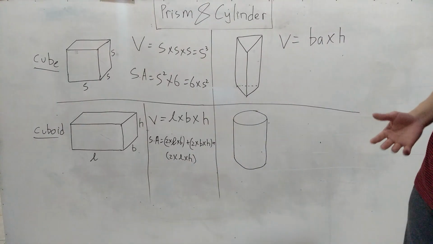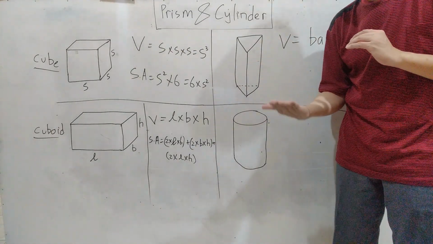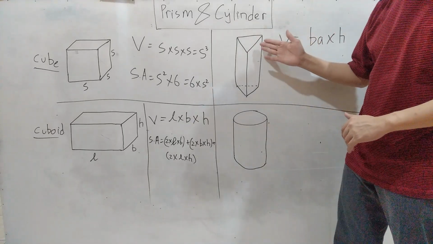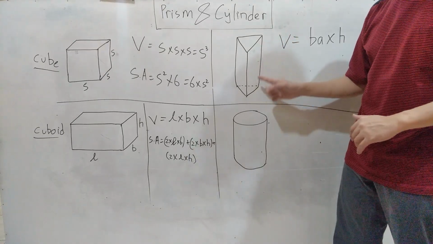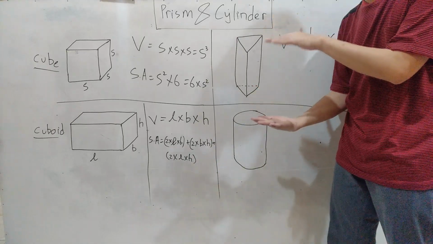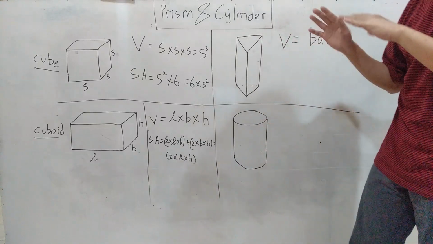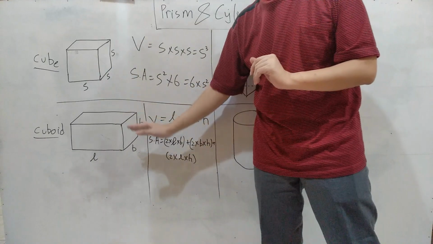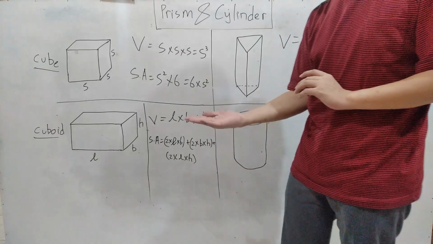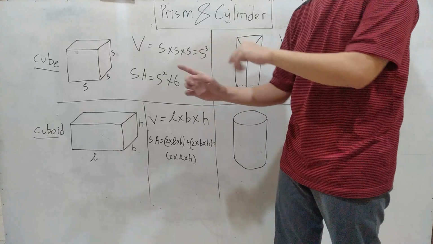Well, when you see a prism, prism means something that has the same base and the same top. You see like our triangle prism here, the triangle at the bottom and the triangle at the top are actually the same. So that's why I call this a prism. And if you notice, cube and cuboid are actually also prisms. In a cube, the bottom is a square and the top is a square, so it is a prism of square.